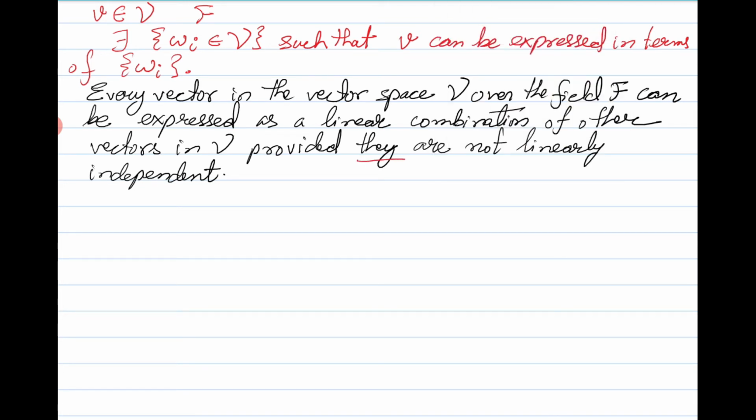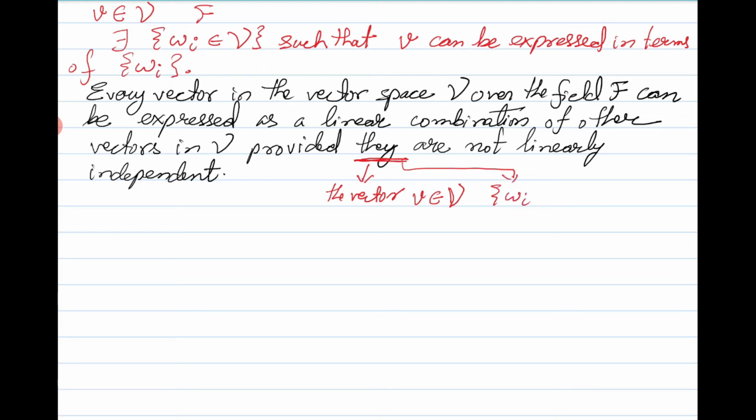Now, when we say they, what does this they mean? This means the vector that you choose to express, so the vector v in the vector space, and the vectors with respect to which you want to express v.